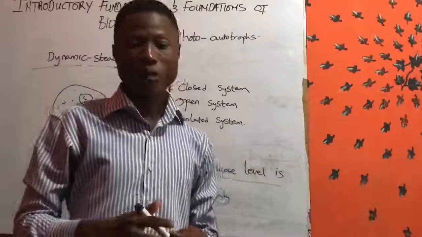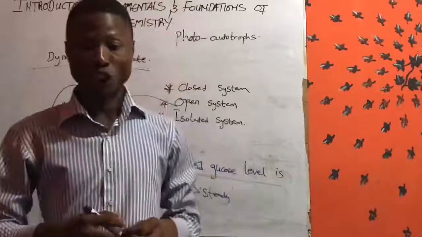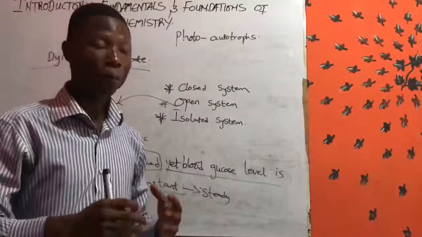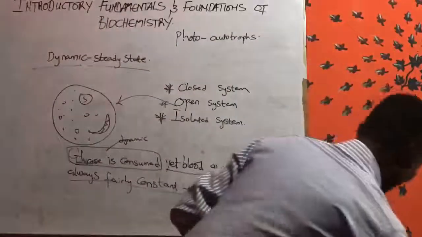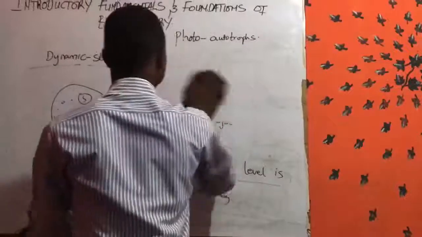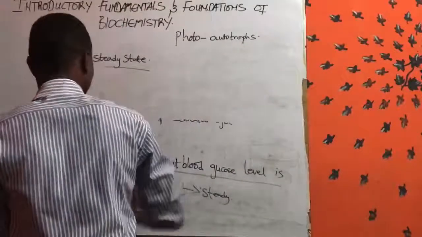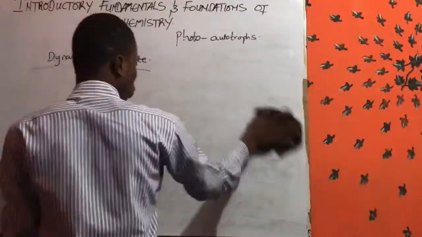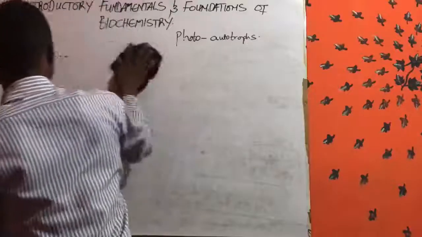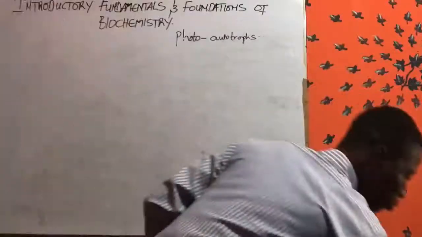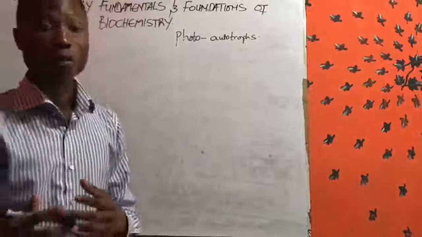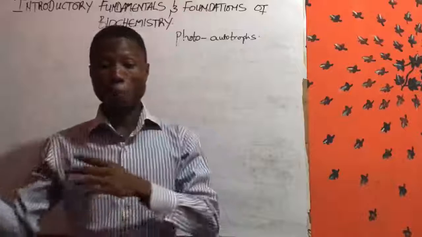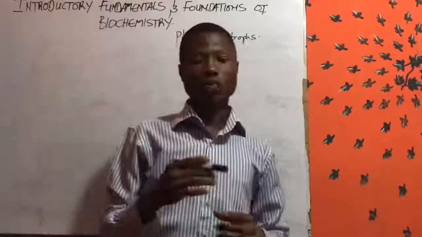Now, another thing is that the flow of electrons provides energy used for cellular work. The flow of electrons provides energy, which the cell uses to do its work. This is what I'm trying to say.